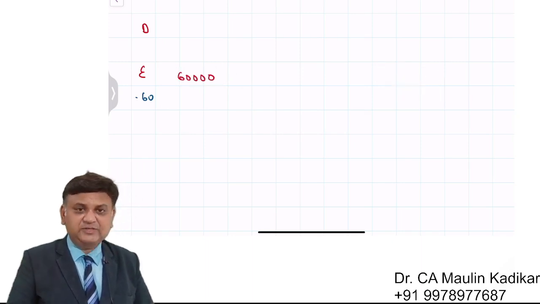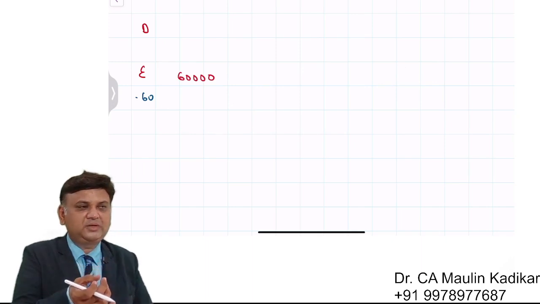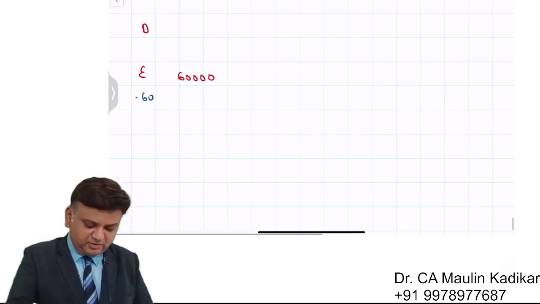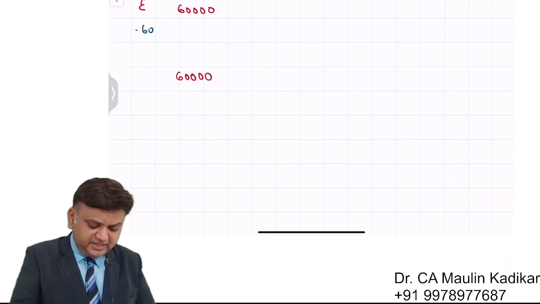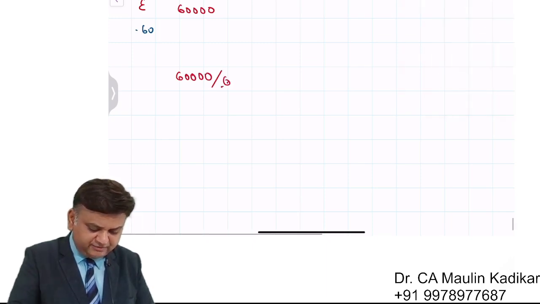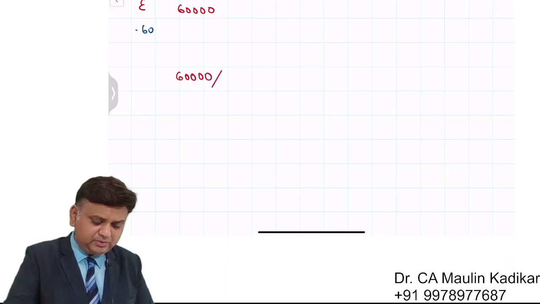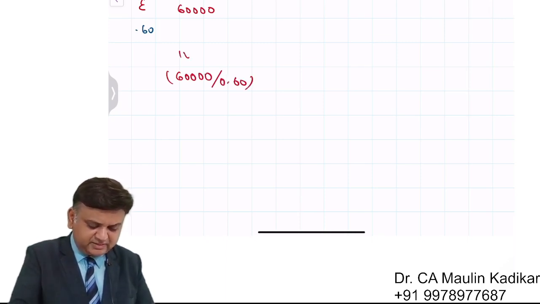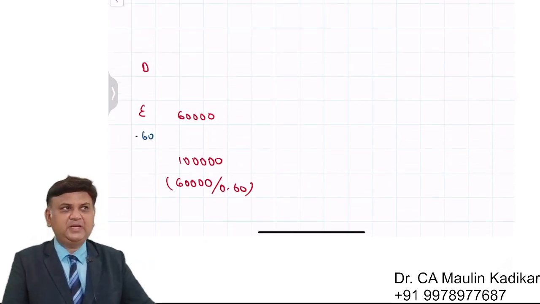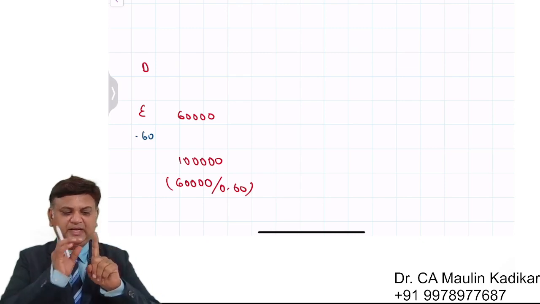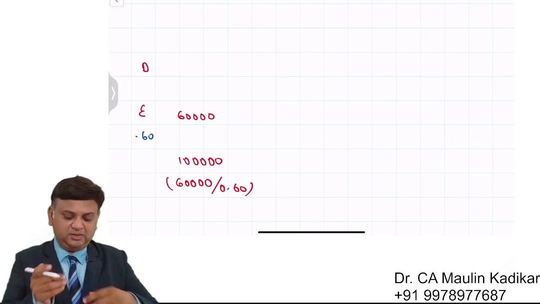So when the capital investment is of such an amount that the equity component investment is 60,000, at that time my retained earning would be exhausted, and beyond that the company does not have a choice but to issue the new equity share capital. That is 60,000 divided by 0.6, that comes to 1 lakh. So when the capital investment is 1 lakh, my retained earning is getting exhausted.